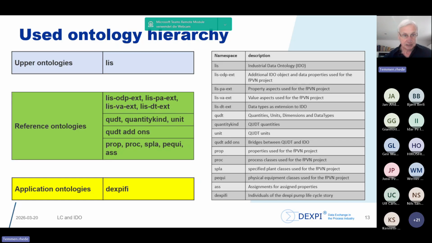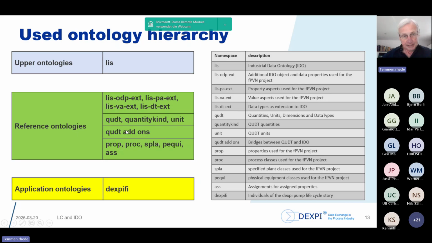Then we need additional property aspect definitions, value aspect definitions, and data type extensions.